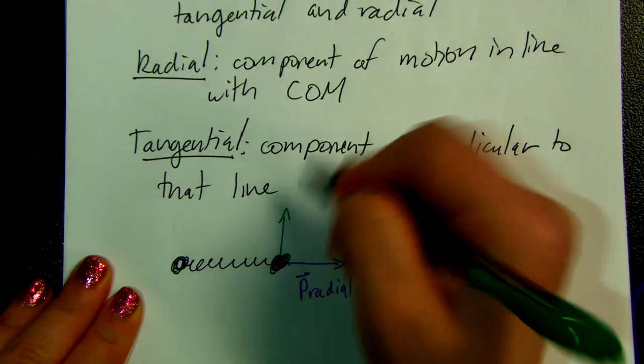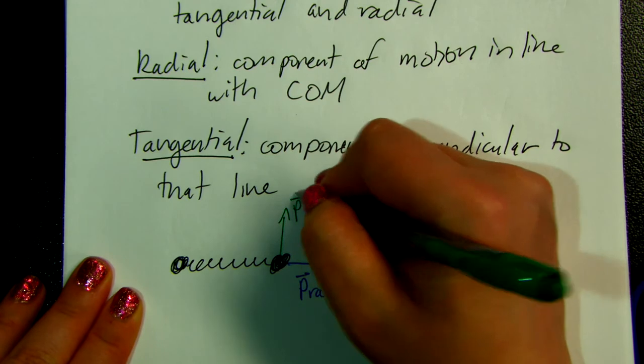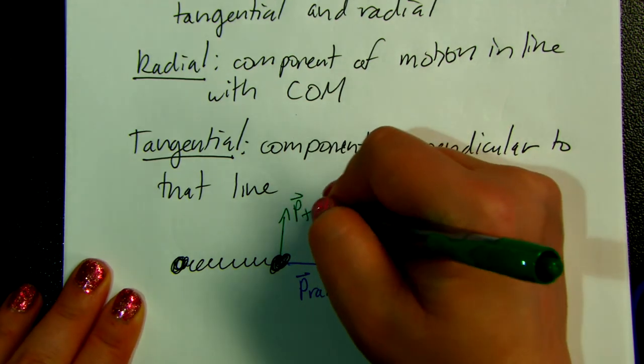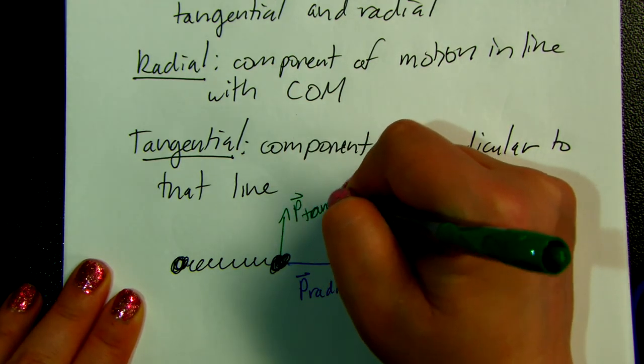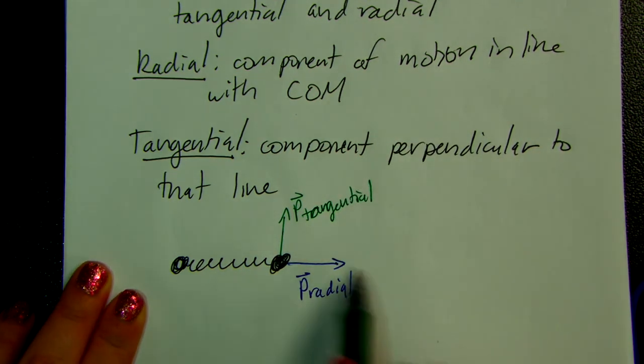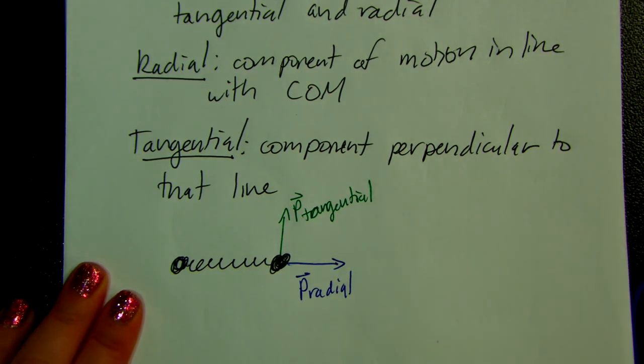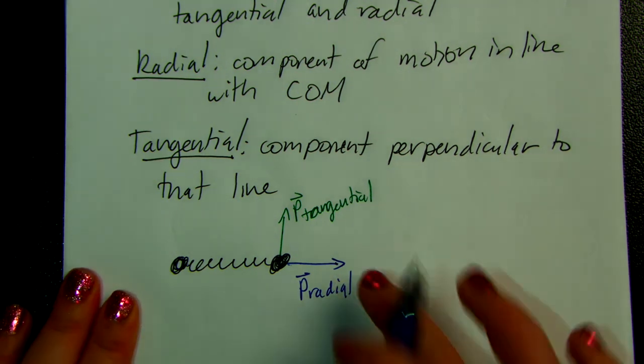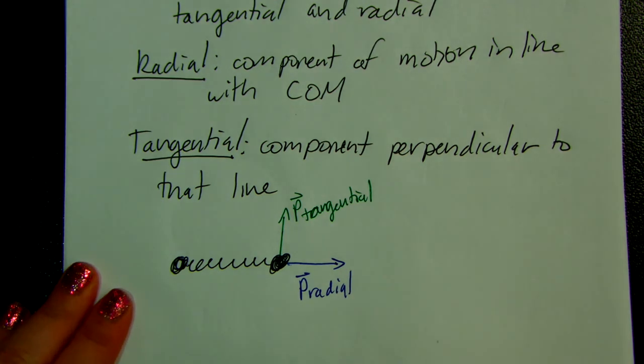And this would be tangential. So we can see if it's vibrating in this direction, that would be a radial momentum. Nope, nope. No. Vibrational is associated with tangential, and radial is associated with rotation.